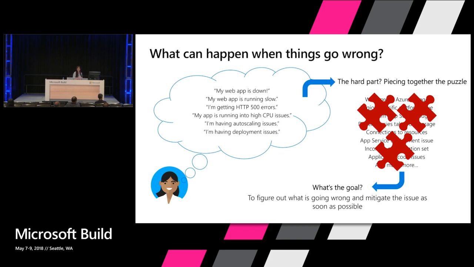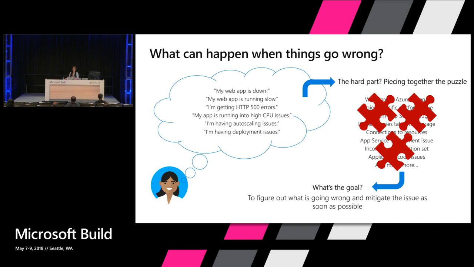The hard part is what comes next. You know what's going wrong. You know what the problem is manifesting itself as, but you don't really know why, or you don't know the root cause, and you don't really know exactly what happened. It probably works on your local machine, right? So the hard part is piecing together all the puzzle pieces, because there's a whole world of things that can go wrong with your web app.